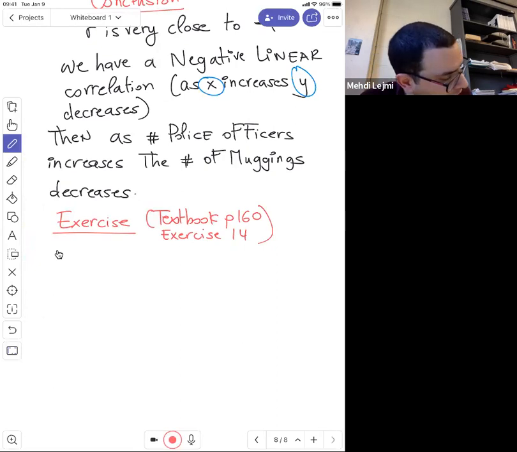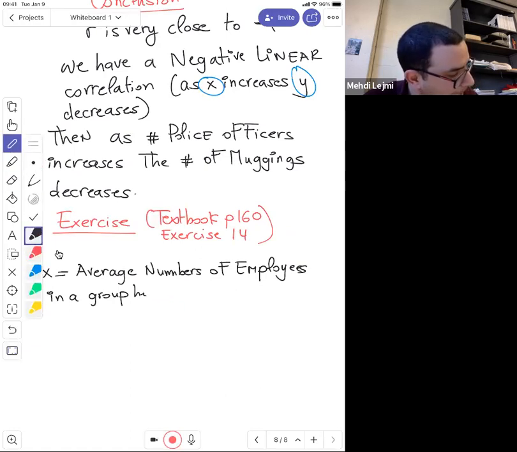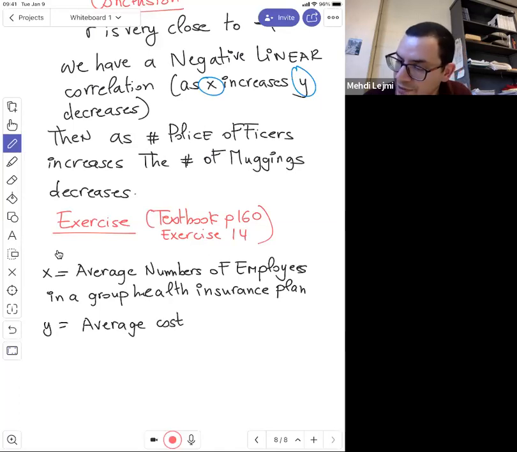Let's say X represents the average number of employees in a group health insurance plan, and Y is the average cost as a percentage of claims.